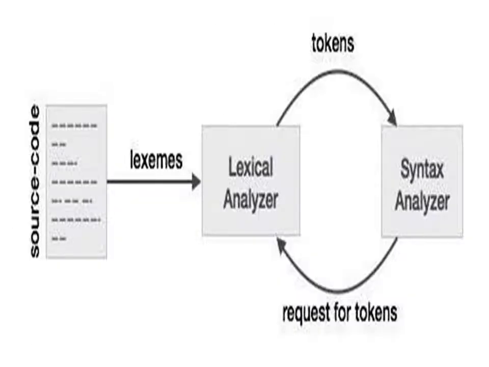So this is the diagram for the lexical analysis process. The source code, taken as lexemes, that is sentences, is given to the lexical analyzer as input, and tokens are identified by the lexical analyzer and supplied to the syntax analyzer.